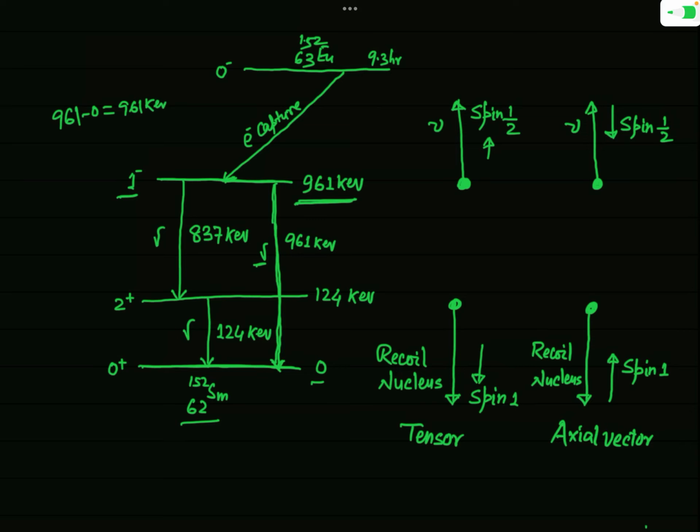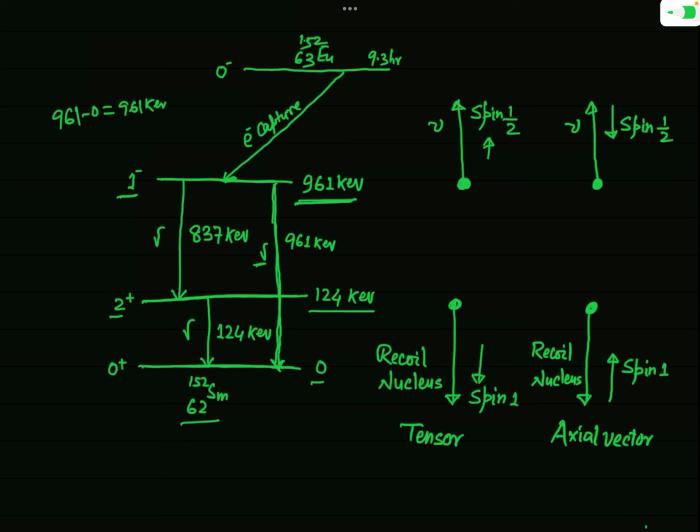But at the same time, the other transition may also take place. You can see this state 2 plus, which means the angular momentum or spin of this Sm nucleus is 2 and its parity is positive, and this is the first excited state of Sm 152 corresponding to the energy 124 kiloelectron volt.